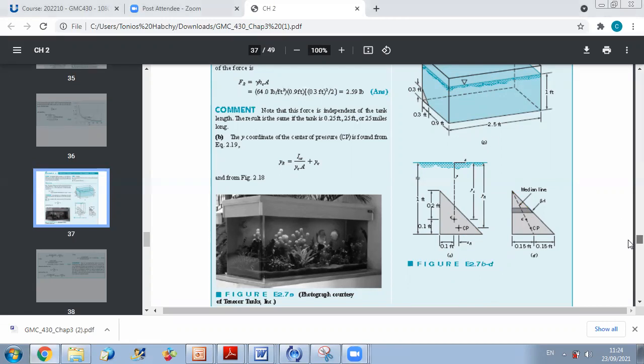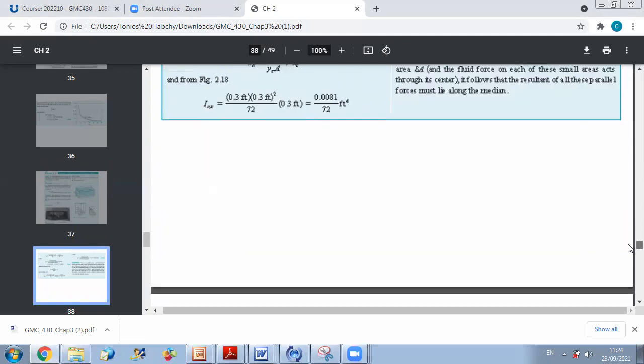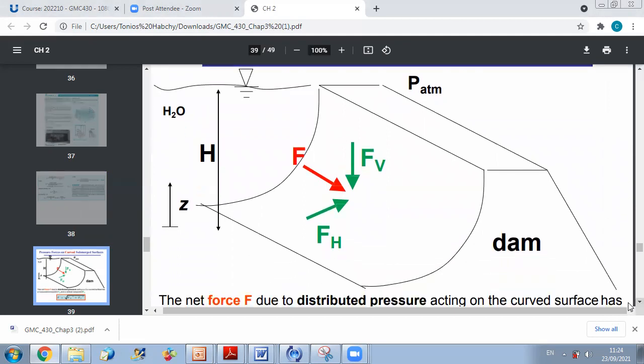Now we will move to another section, which is how to determine the pressure forces on a curved submerged surface. So this is an example. You have a dam, and the surface of your dam is not flat. You have a certain curvature.